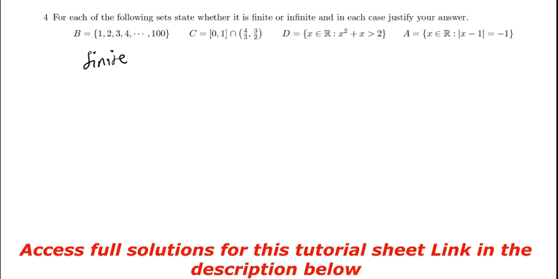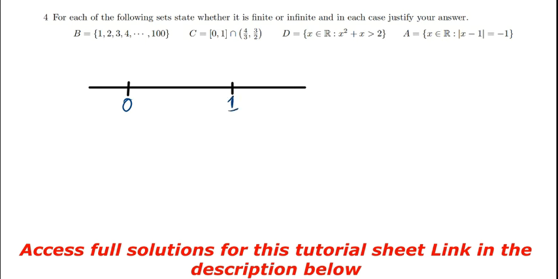That is the justification. Then we come to part C. Remember that this symbol simply means included. So for this set C, we have members. If I draw the number line here so that we understand this question better, let's say this is going to be 0, and then this is going to be 1.